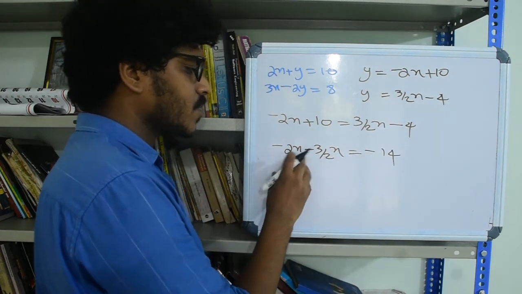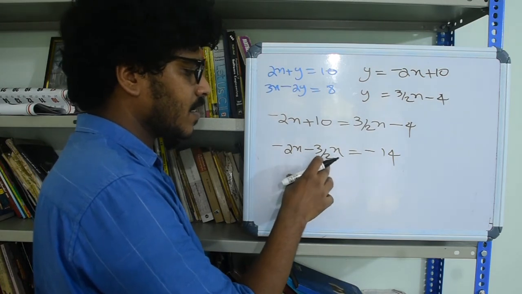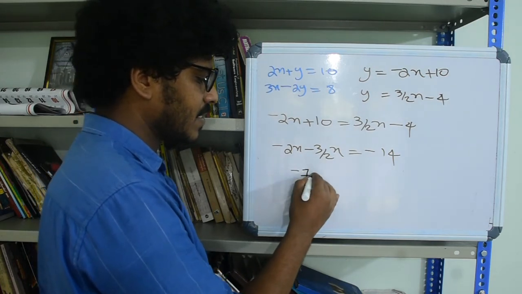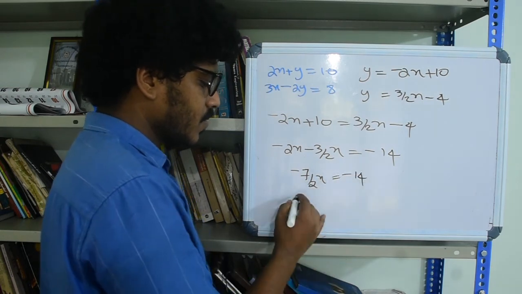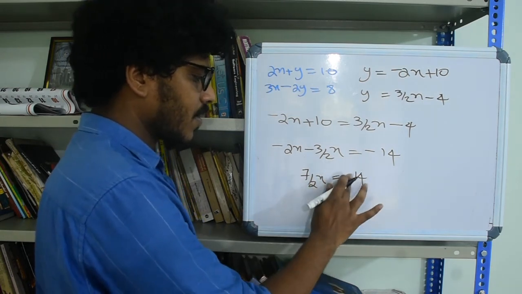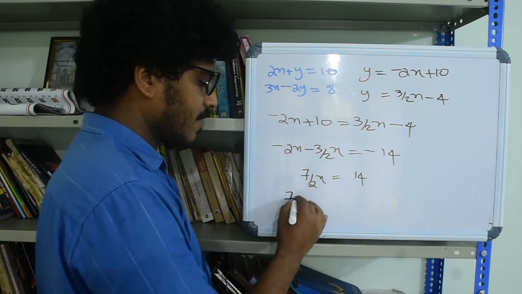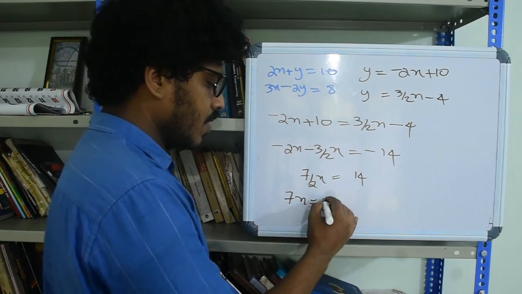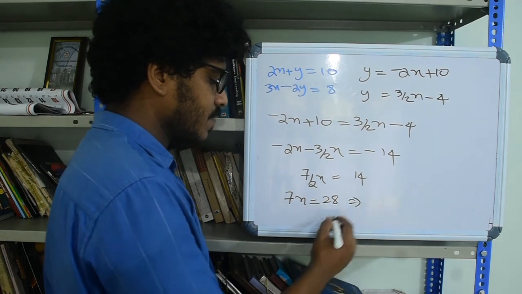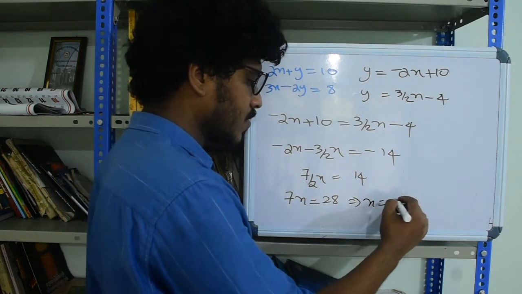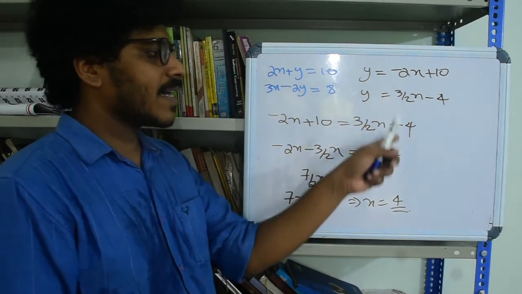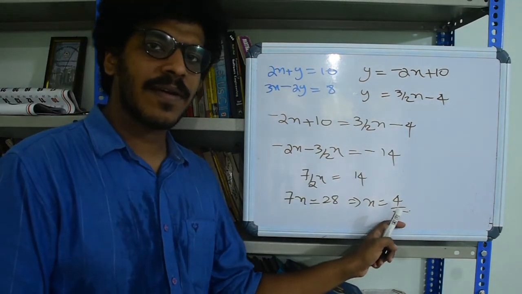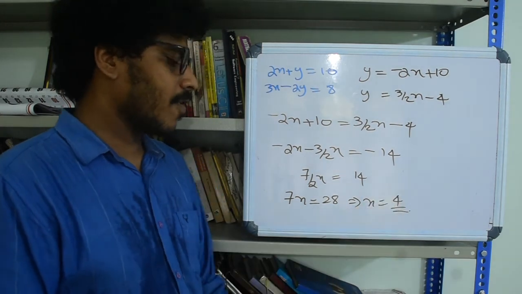So what is minus 2x minus 3 by 2x? Minus 7 by 2x equal to minus 14. So 7 by 2x is equal to 14. So 7x equal to 28, which means x equal to 4. Right. So we equated the right hand side and found the value for x as 4.